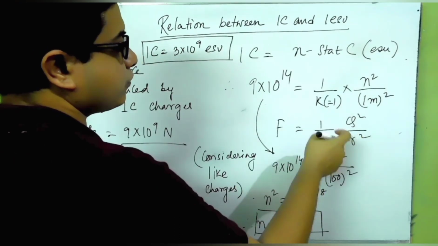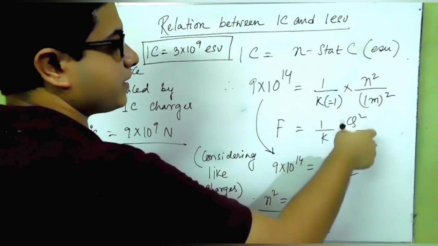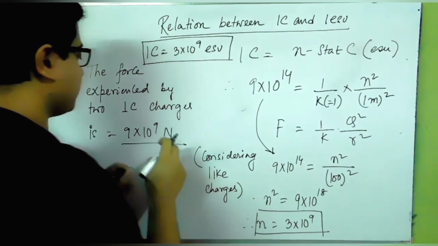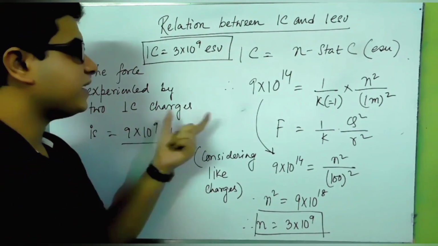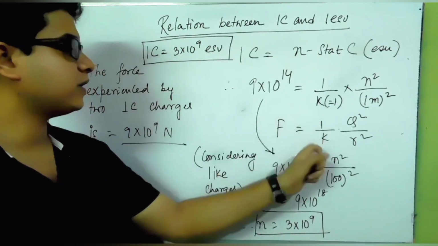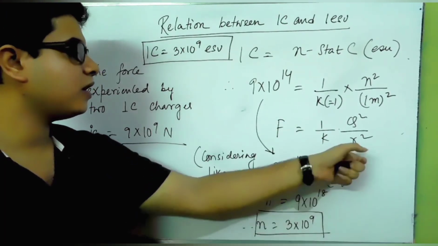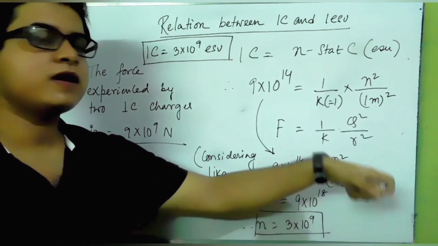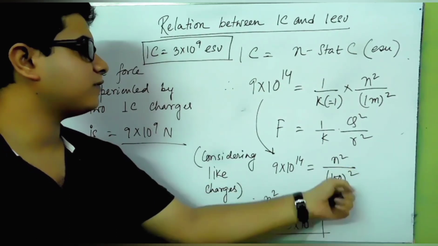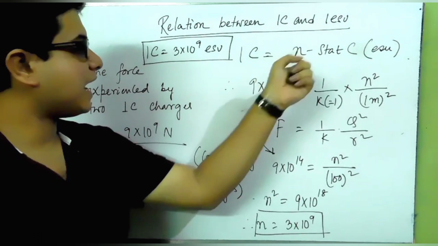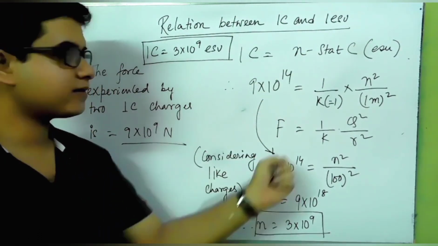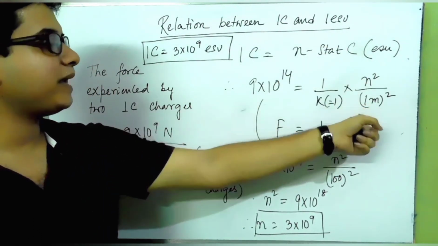Here the 1 coulomb charges are being separated at a distance of 1 meter, and according to the scale conversion, 1 meter is equivalent to 100 centimeters, and we have put that value of 100 centimeters squared. And as we are considering like charges, therefore 2 1 coulomb charges is going to be n square.